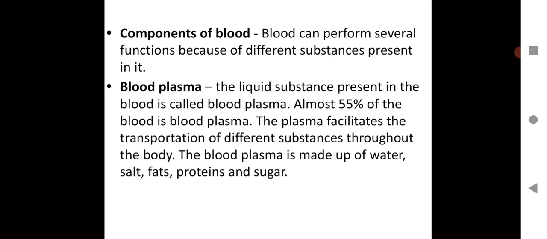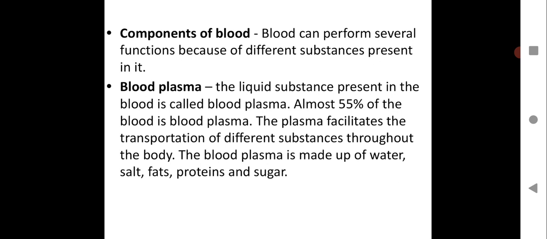First, under components of blood, we will see blood plasma. What is blood plasma? It is the liquid substance present in the blood. As you know, blood is in a liquid state at room temperature, because of blood plasma. Almost 55% of the blood is plasma.